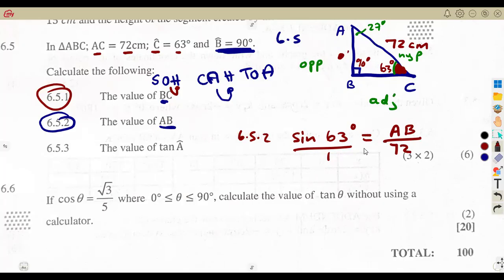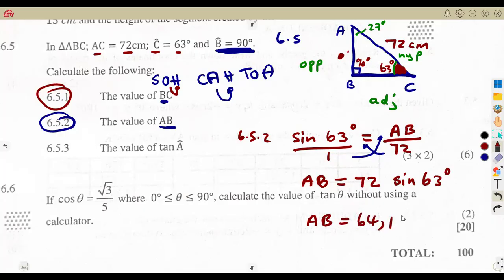Anyways, guys, let us cross multiply and find our answer there. 1 times AB, that's AB, is equal to 72 times sine 63, that's 72 sine 63. That gives us the value of AB, which is 64.152 centimeters, just like that. So guys, be very careful.